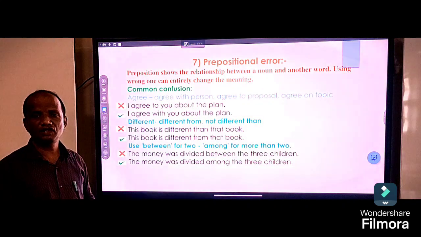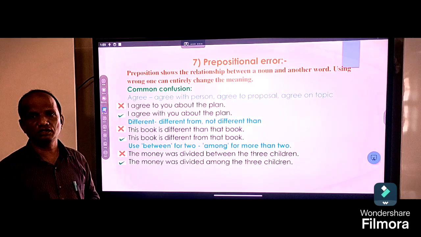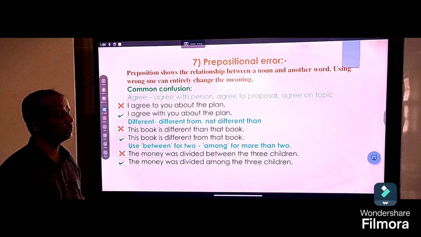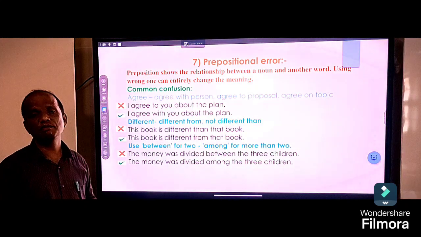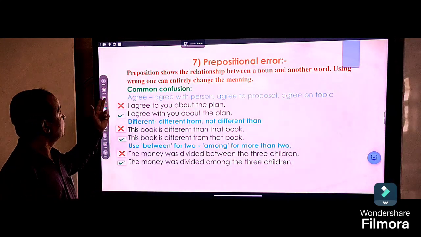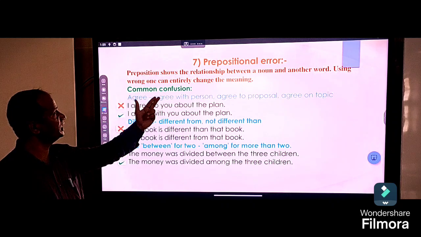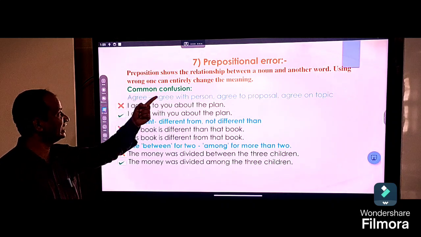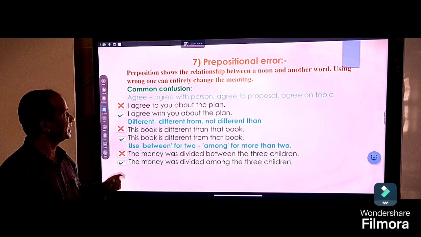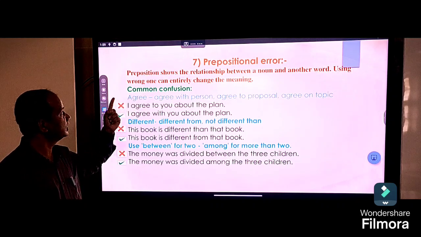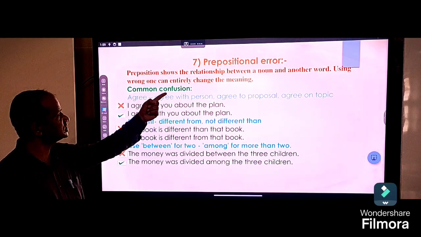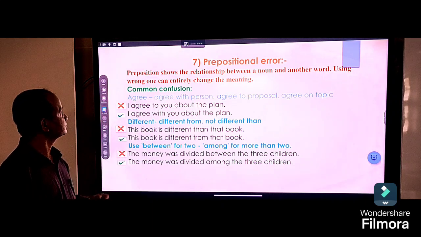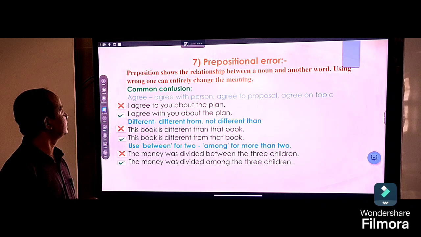This error happens when we misuse prepositions, or sometimes use them unnecessarily. A preposition shows the relationship between a noun and another word. Using the wrong one can entirely change the meaning, so it should be used correctly.